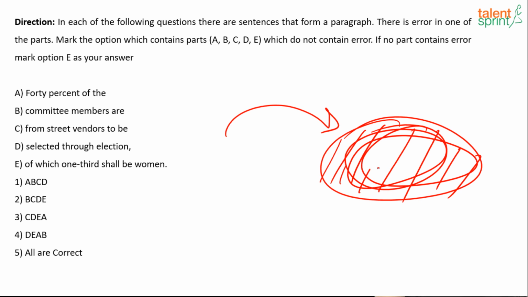So among is the word that is missing. It should be from among street vendors to be selected through election, of which 1/3 shall be women. So the error is in part C. Alright, C has the error, so the error-free combination will be the fourth one.